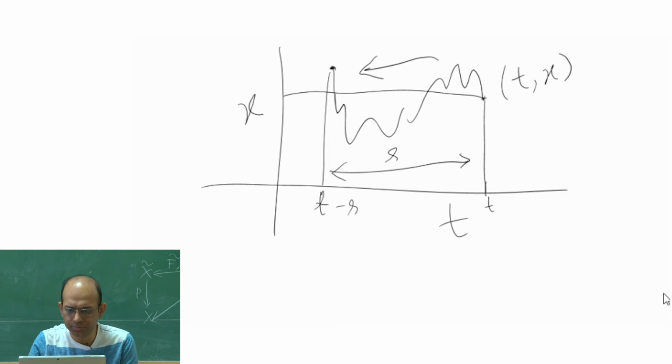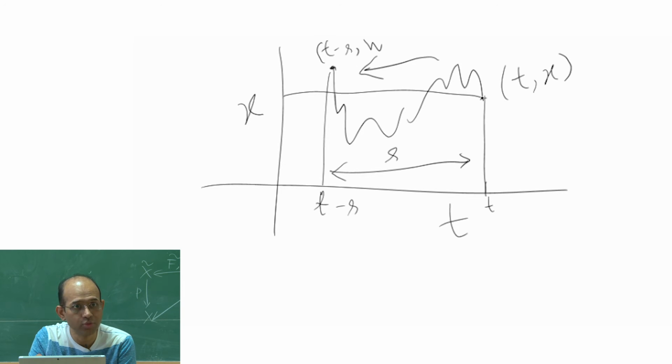So here this coordinate is t minus s, and then what should be this height? Because it started from here, a Brownian motion, and that Brownian motion took exactly s amount of time, so it is ws.